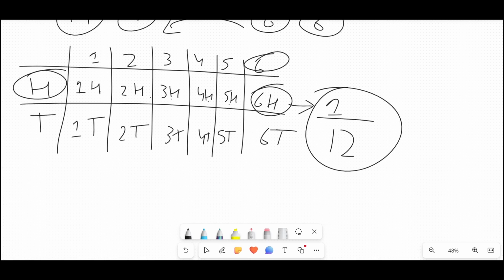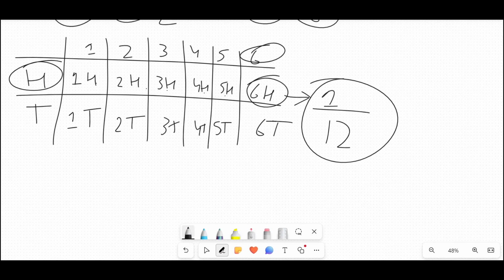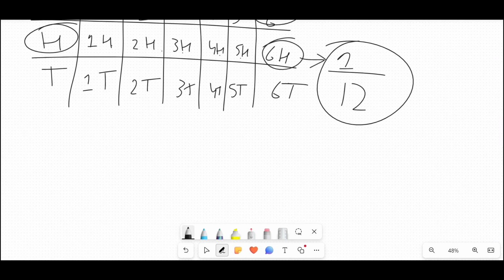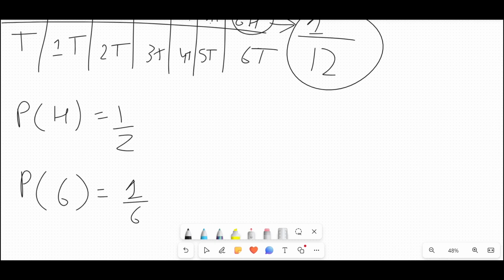12. And if we see individual occurrences, we can see that the probability of a heads is 1/2, provided it's a fair coin, and if it's a fair die, the probability of a 6 is 1/6, right?